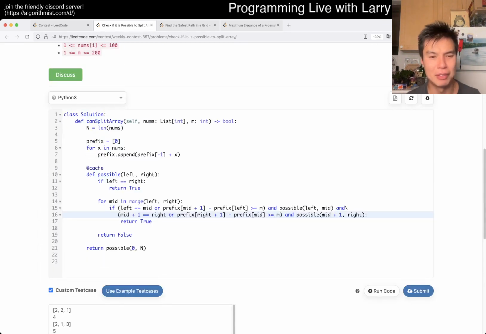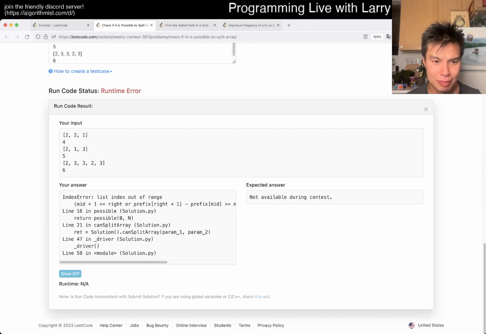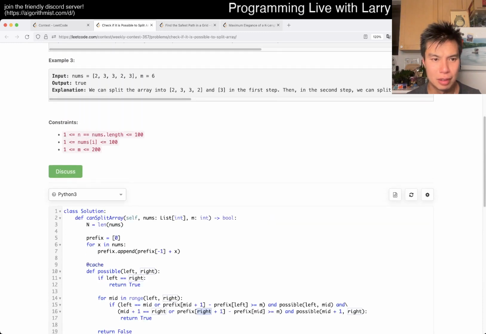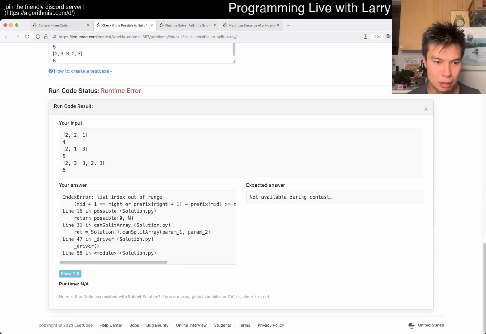That makes sense, but what am I doing? This goes to, wait, what? Right plus 1 should be n. What am I doing wrong? Sloppy. So slow on Q2.